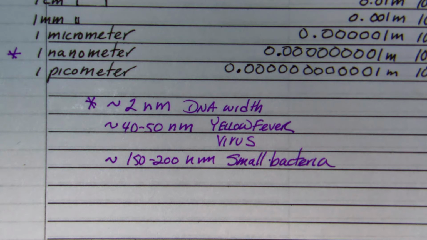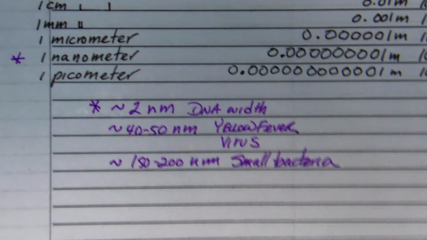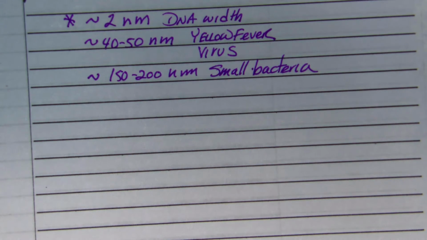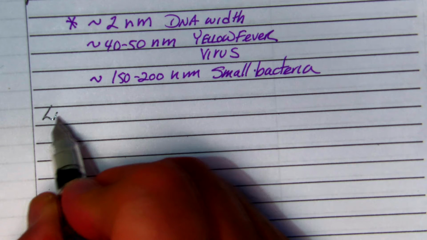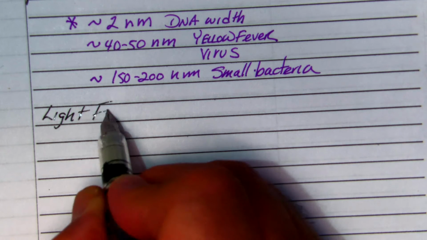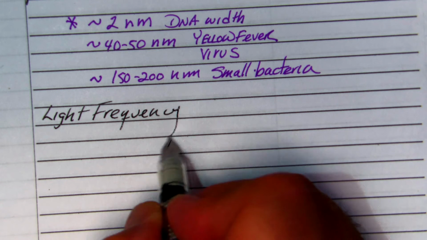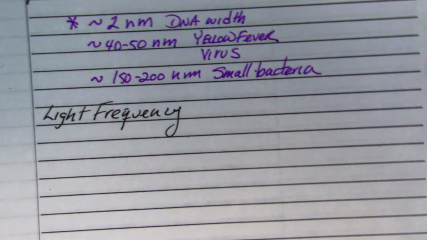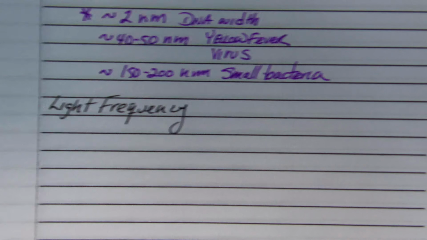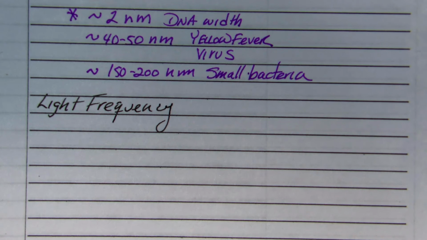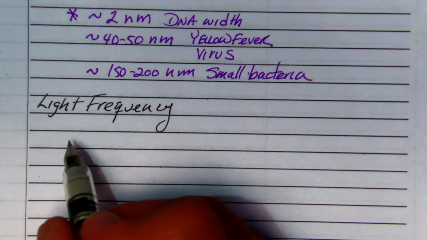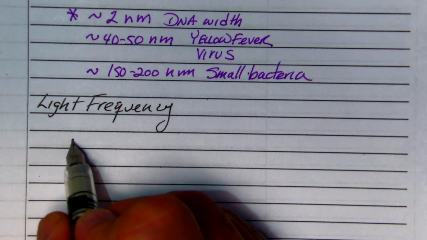Now, having said that, let's look at light frequency. Now that we understand wavelength and how small they are, let's look at light frequency. So I'm going to go ahead and continue with light frequency. Frequency is actually the Greek letter nu.